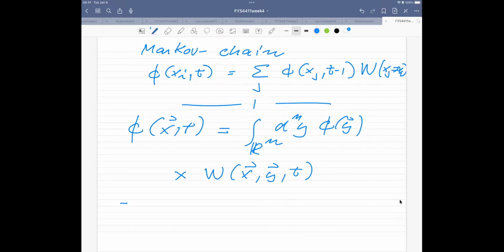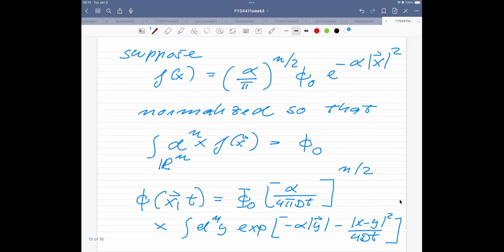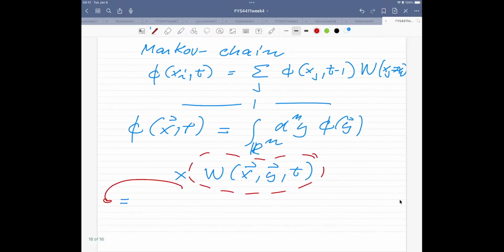If we look at this specific function here, let's single it out. This is the one which we are looking at. This is a function which is going to be proportional to a constant multiplied with the exponential of minus (x minus y) squared divided by 4 dt.